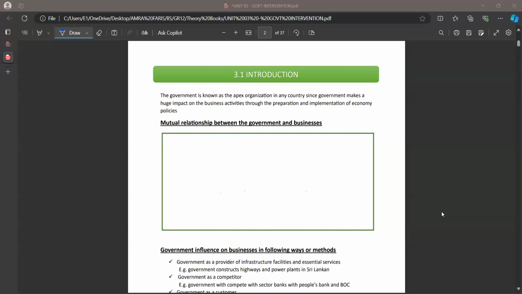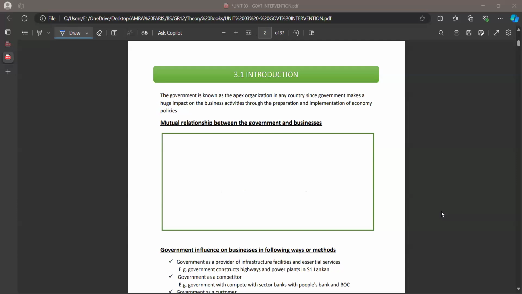We'll see whether they all know that. Okay, very good. What about the others? Yes, exactly. Mutual relationship means that on both sides there should be give and take.